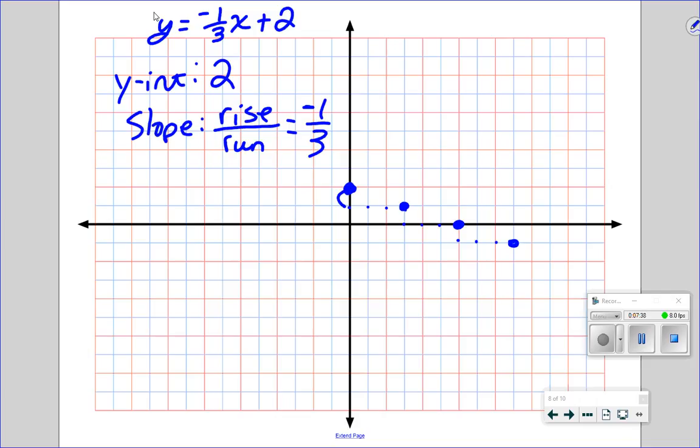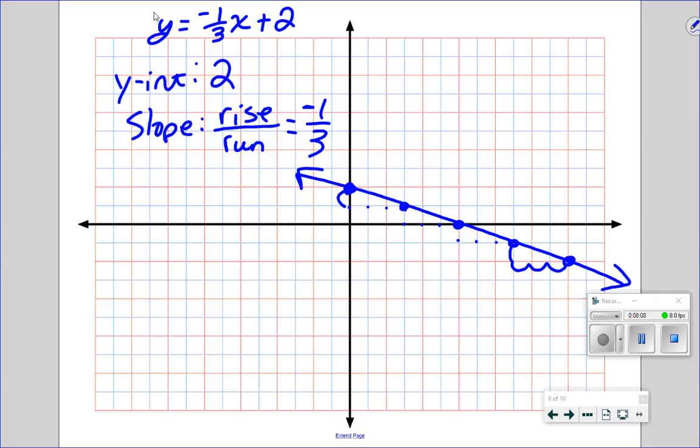I'll always make the run positive if I can fit it, meaning I'm always going to the right. If the slope is positive, I'll go up and over. And if the slope is negative, I'll go down and over. That's why I keep going down 1 over 3. And you're done with that line. Get 3 to 5 points plotted, and then you can connect them and draw arrows at the end of your line.